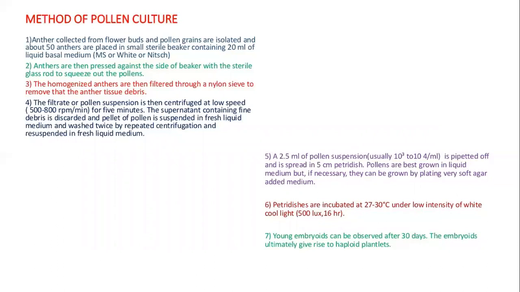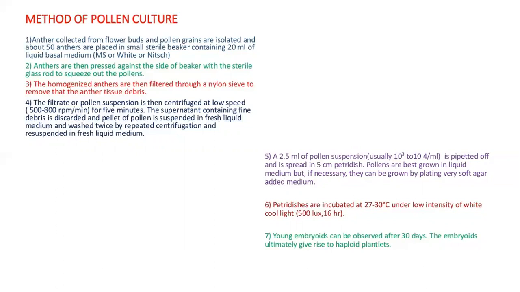To culture in a 5 centimeter petri dish, we need at least 2.5 ml of pollen suspension, which generally contains 10 to the power 3 to 10 to the power 4 pollens per ml.